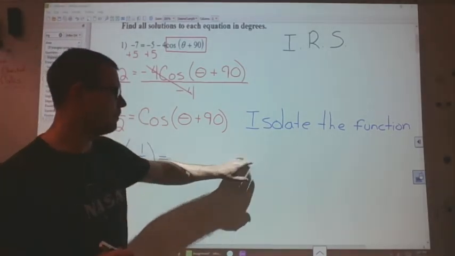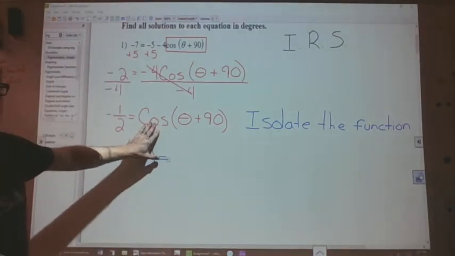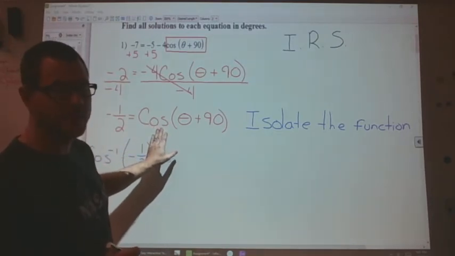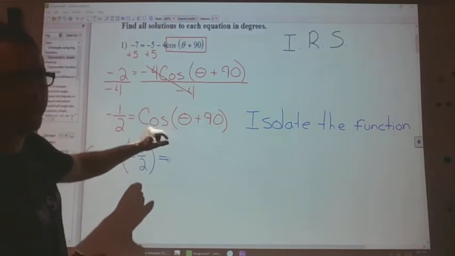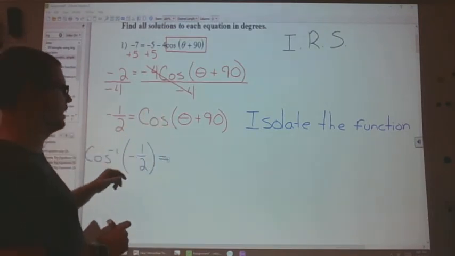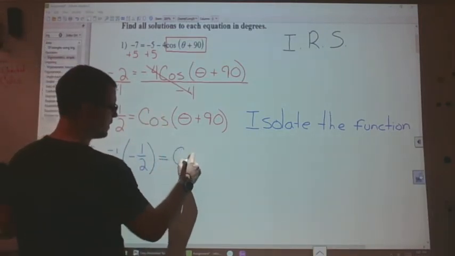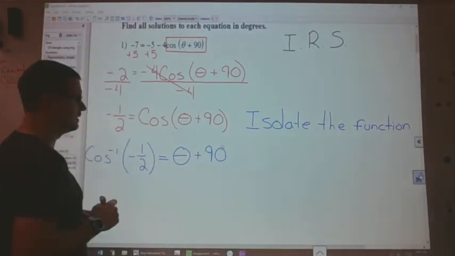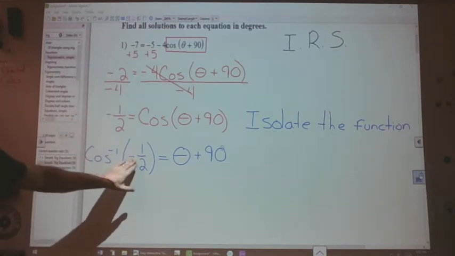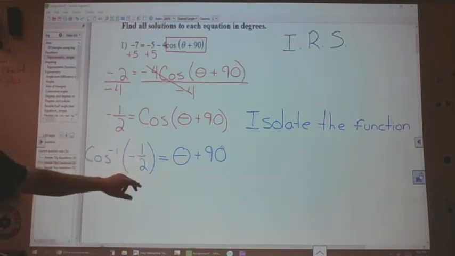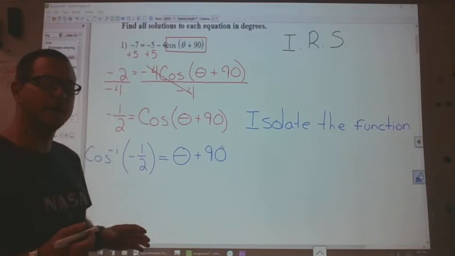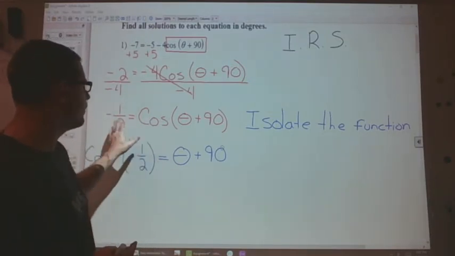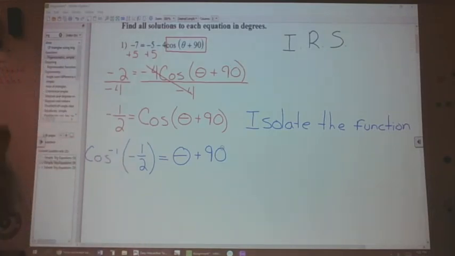Now that looks very complex, so we're just going to remember that we are taking the inverse cosine of both sides, and that when I get to the right-hand side of this equation, it will cancel this cosine, which leaves theta plus 90 degrees. Now, in this case, -1/2 is from the unit circle, but again, I'm going to draw it out so that I understand what this situation is telling me.